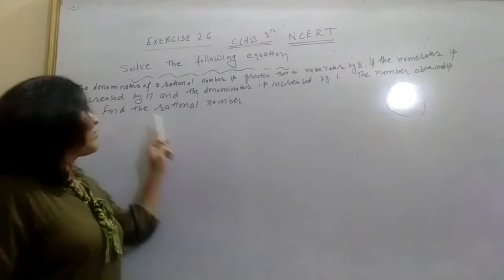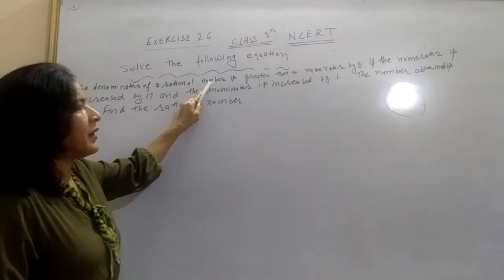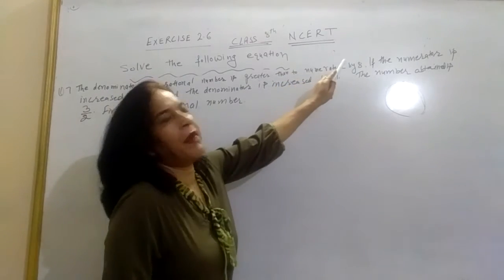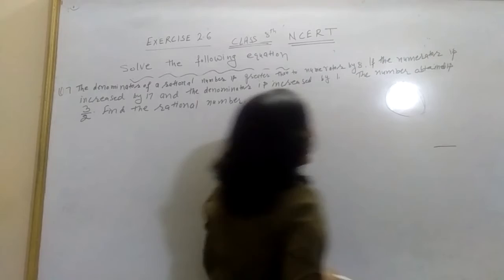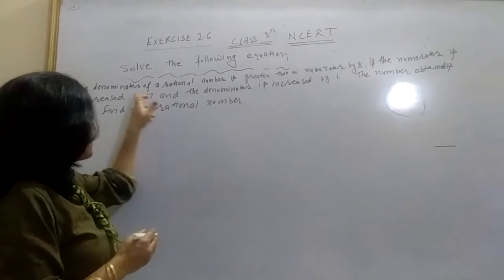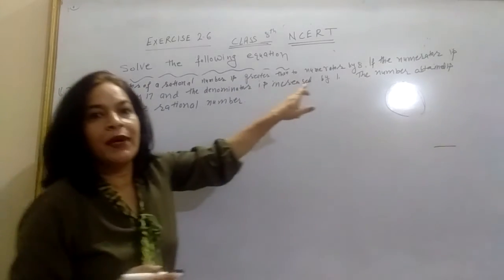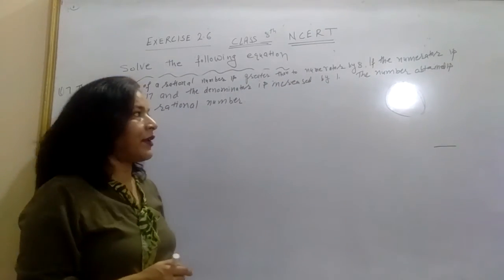Now question number 7 here is the denominator of a rational number is greater than the numerator by 8. Suppose we have any rational number and the condition is the denominator of a rational number is greater than the numerator by 8.